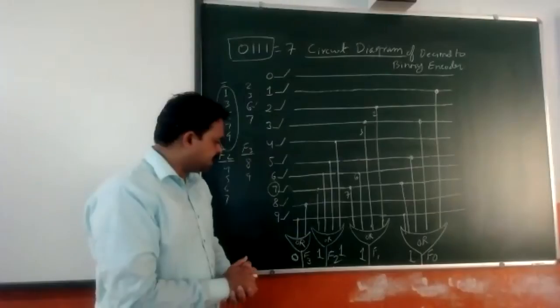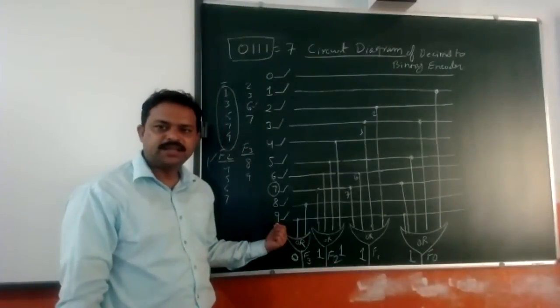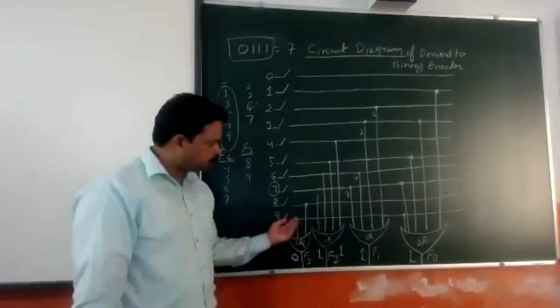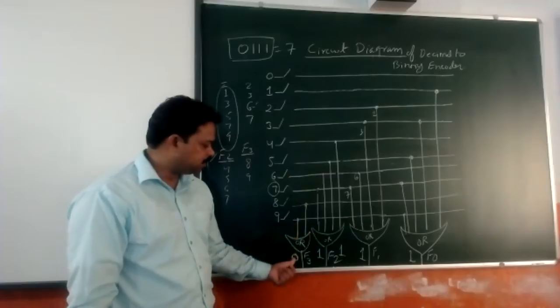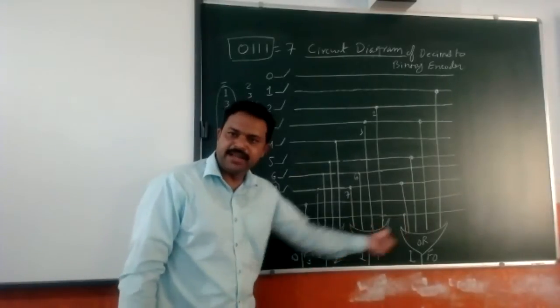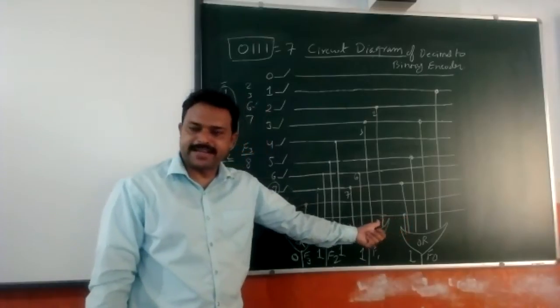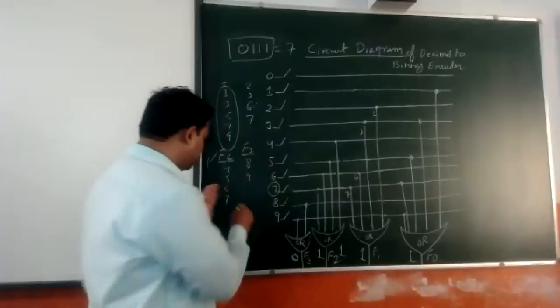Suppose, sir, the user has pressed 9 as an input, so you can explain it. Then this gate is connected with this line, so this gate will have a signal 1, and the remaining gates will not get any signal, so it will be 0. So what is the combination you will get?